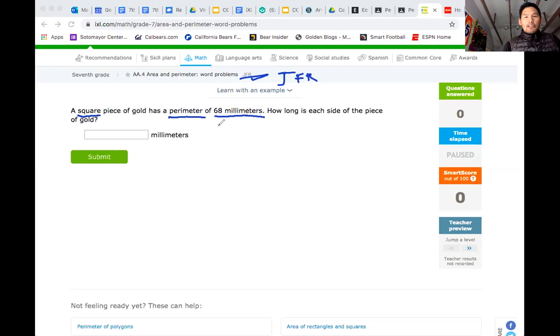First, I'll break this down. A square is a flat two-dimensional shape with 4 right angles, and every side is the same length. So for now, I'll just call that side length X.